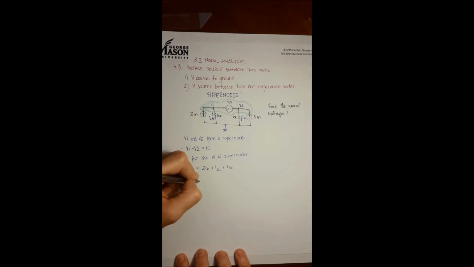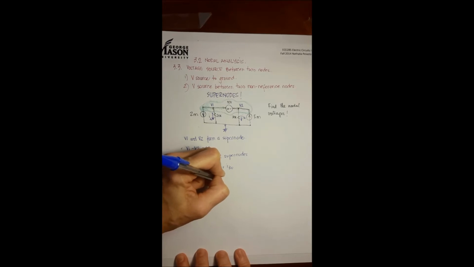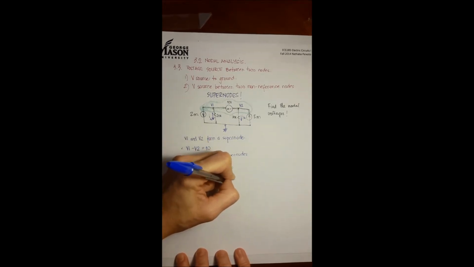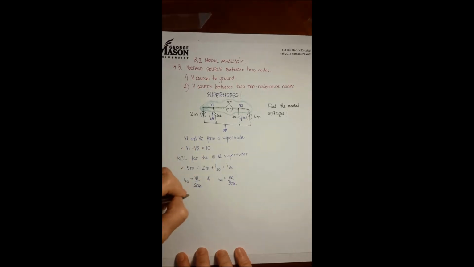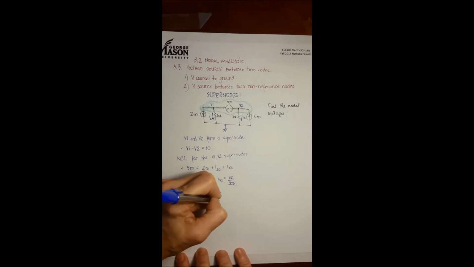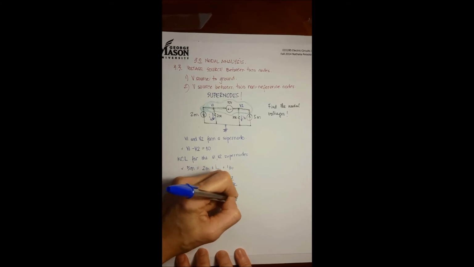I-20 equals V1 over 20K and I-30 equals V2 over 30K. Therefore, that same equation is 5 milli equals 2 milli plus V1 over 20k plus V2 over 30k.